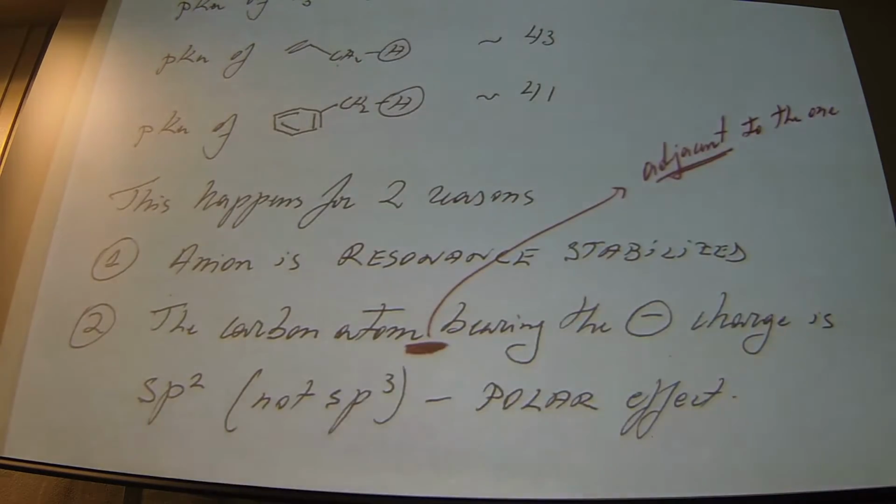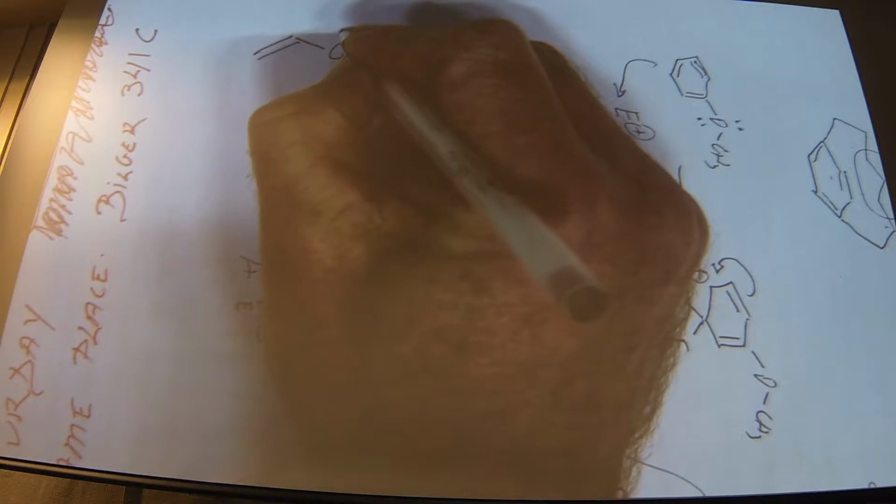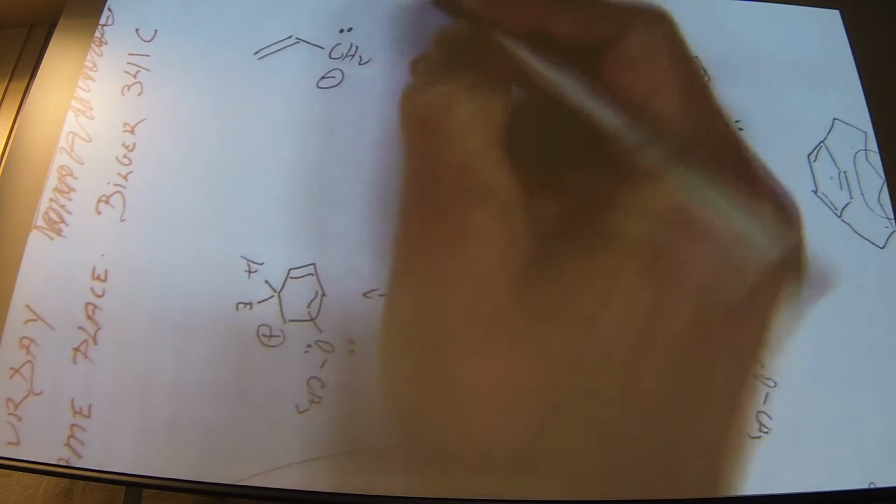That happens for a couple of reasons. The carbanion is resonance stabilized just the way the cation was and just the way the radical was. But there's an additional reason here, and that is the following: if you imagine the allylic carbanion, in fact, you don't have to imagine that. I can even draw it for you. So if you have the allylic carbanion, I'll put the electron pair here, it's got a negative charge. This carbon is going to be what? It's going to be sp2 hybridized.